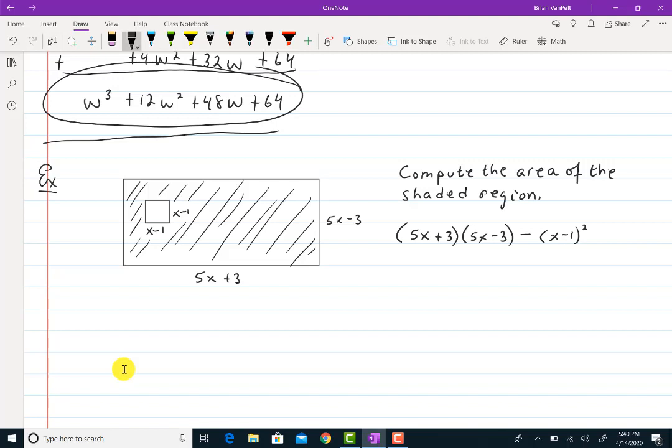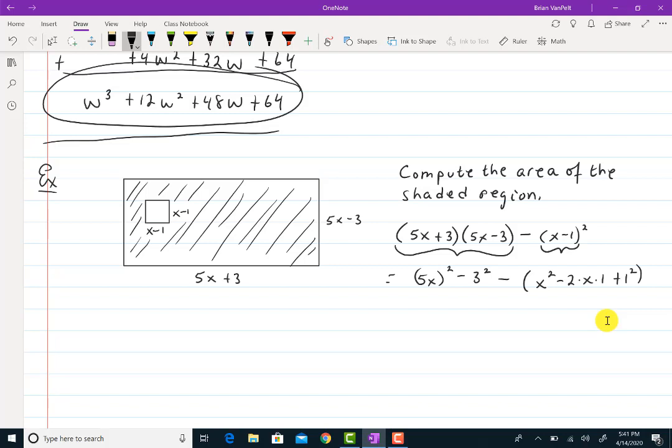Well, this here is a difference of 2 squares. So we know this to equal 5x quantity squared minus 3 squared. For the second piece, it's a piece squared. So you're going to get x squared minus 2 times x times 1 plus 1 squared.